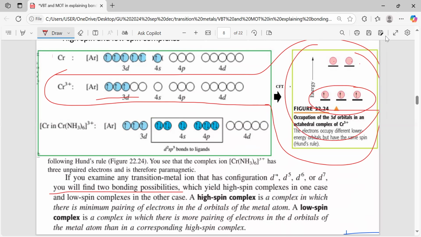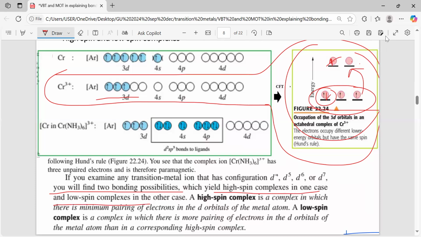Now let us see the ones that are more than D3. Okay, if it is D4, definitely you'll find others jumping there, okay? Or even you'll find pairing happening, okay? So let us see next. When can jumping happen or when can pairing happen? So it goes to what we call about spins so that we end up with what we call high spin and low spin complexes.